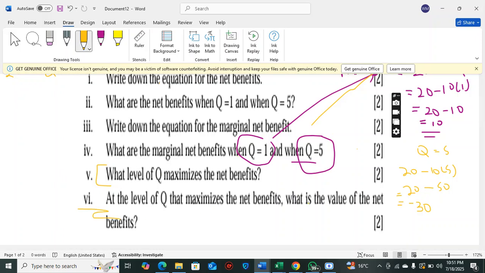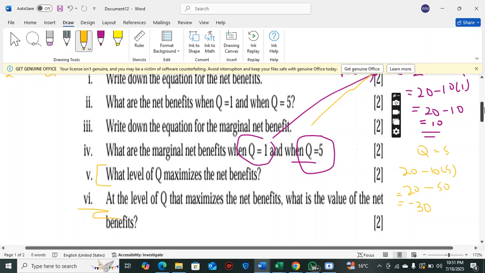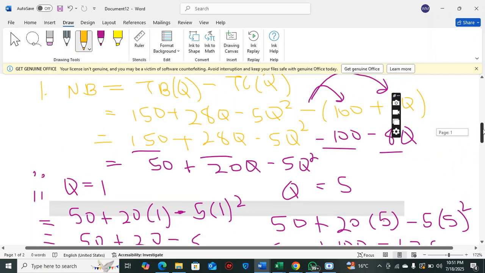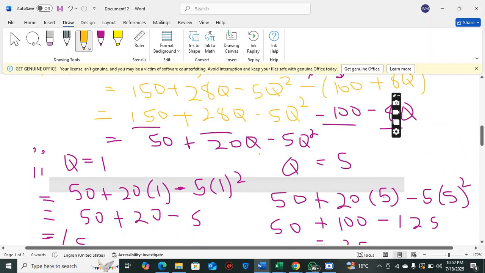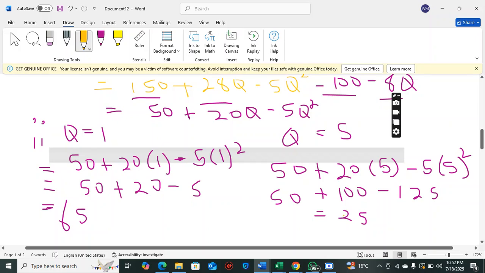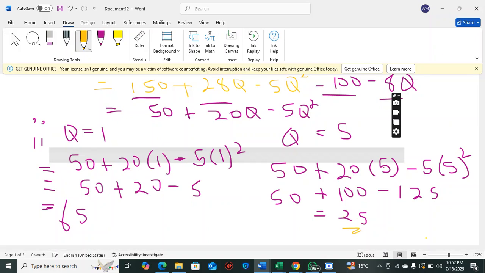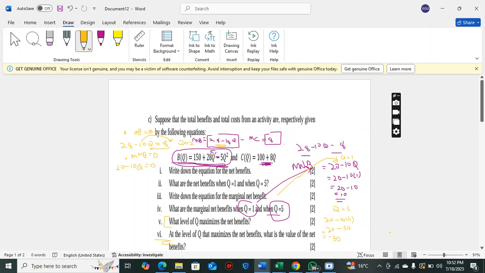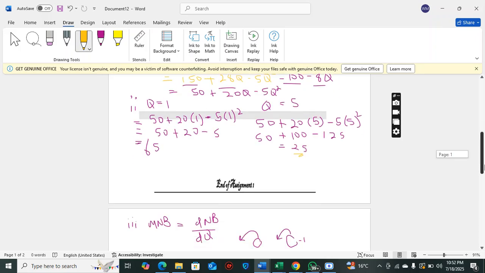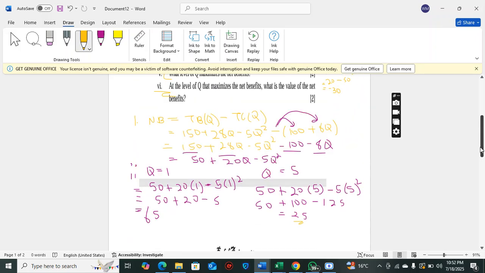Okay, what is the value of the net benefits? So remember our net benefits equation. With Q1, we got 65. With Q5, we got 25. So now let's see with Q2. So we substitute Q2 into the equation.